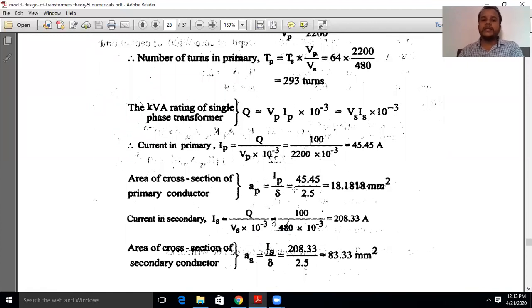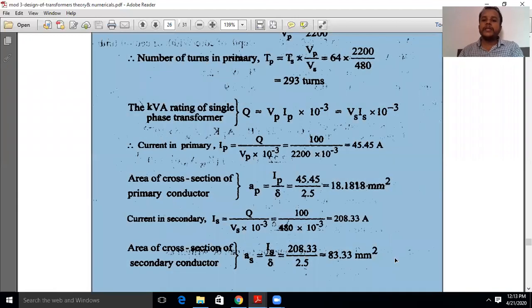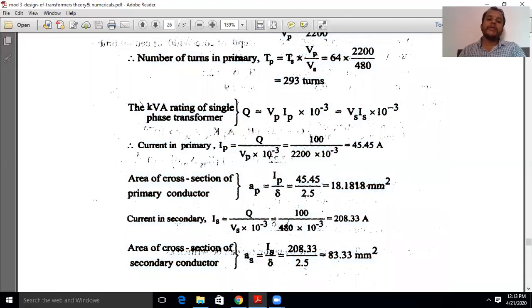In this case, whatever the data is there, in the estimation of the number of turns in the primary and secondary, we had these particular formulas. Please remember that. So the area of cross section of the primary conductor AP is IP by delta. IP we have calculated, divided by delta, which is given. So we can calculate AP.